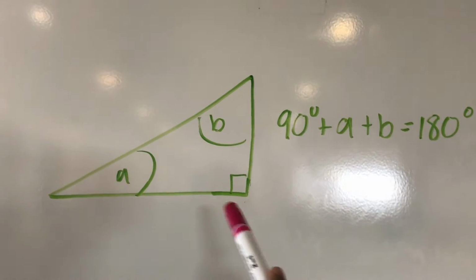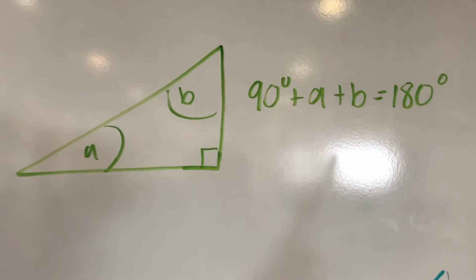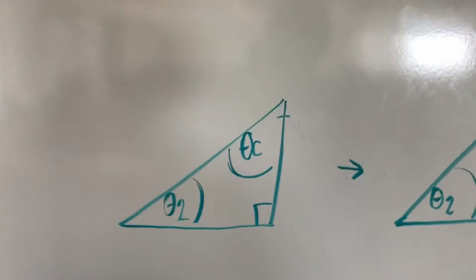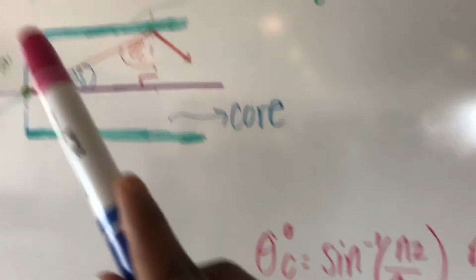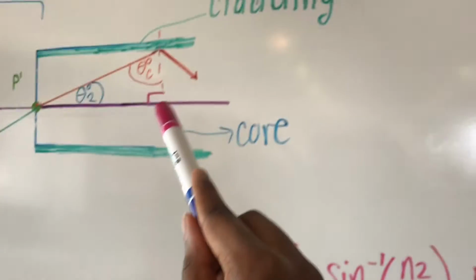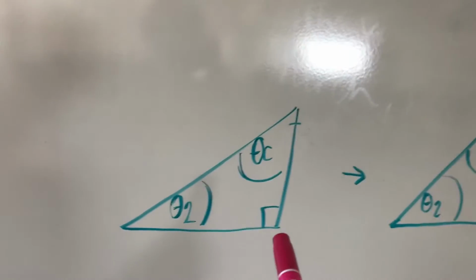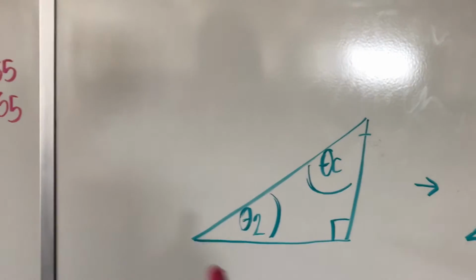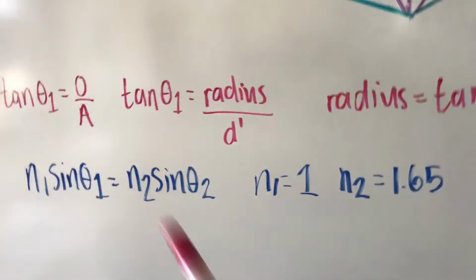So your 90 degrees, your A and your B have to equal 180. If we replicate that just here, our A would be theta 2 and our B would be theta critical. And so if we can find theta critical, we can find theta 2, and then we can find theta 1.